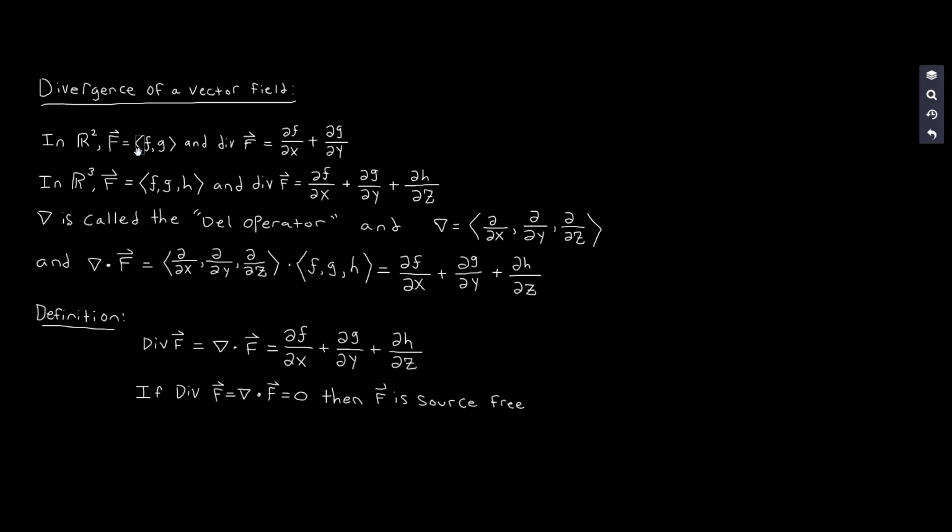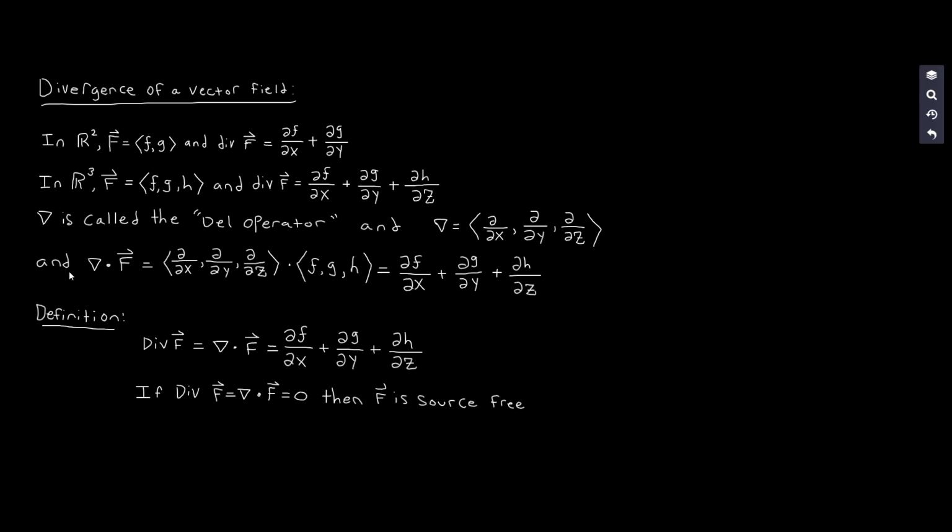We went over this a little bit before, but I think it's important to reiterate this concept that this upside down triangle is called the del operator. And remember, we said it's like a pocket where we hold all of our derivatives. So this is the gradient, and it's like a vessel that holds all of our derivatives for our x component, our y component, and our z component respectively.